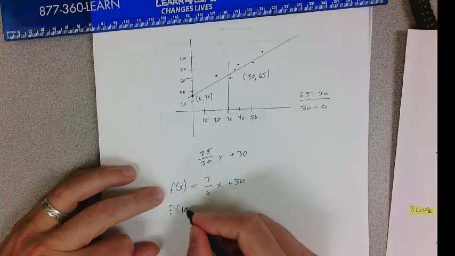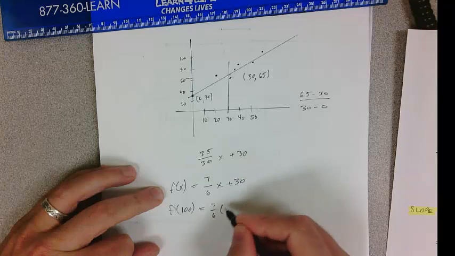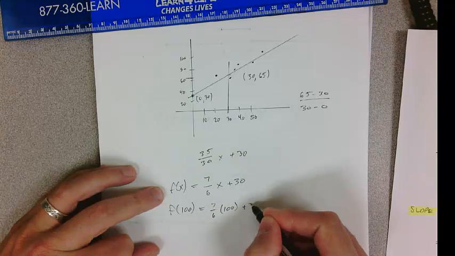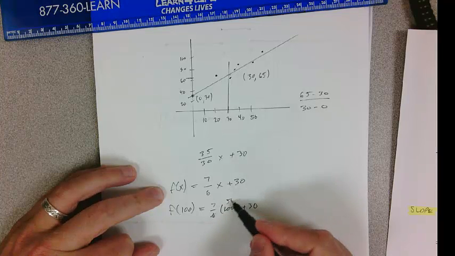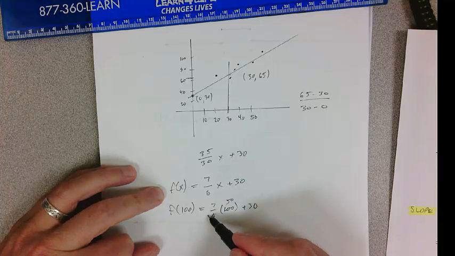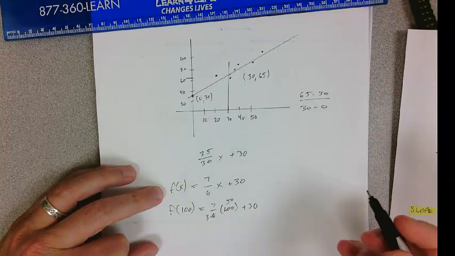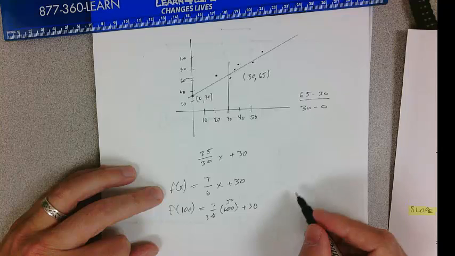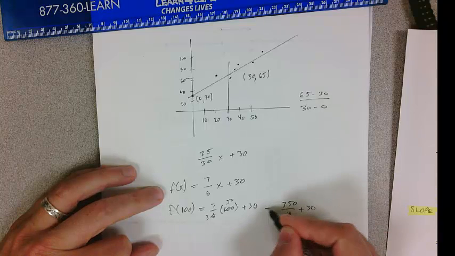So f of 100 equals 7 sixths times the x value of 100 plus 30. And let's see, I'll just reduce this a little bit. Divide both by 2. And so 7 times 50 would be 350 divided by 3 plus 30.